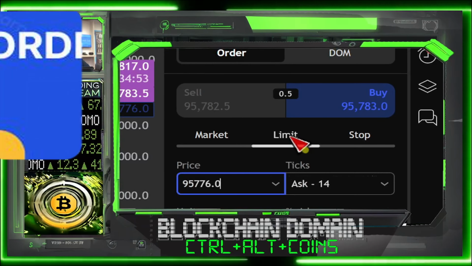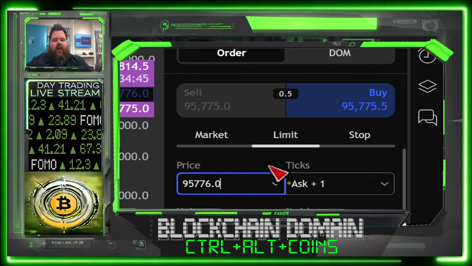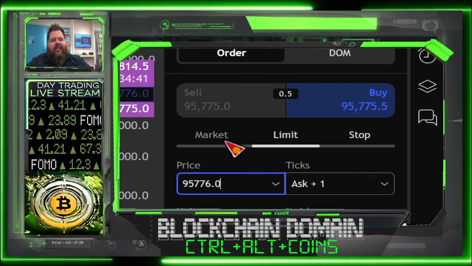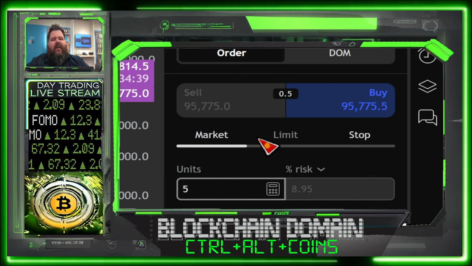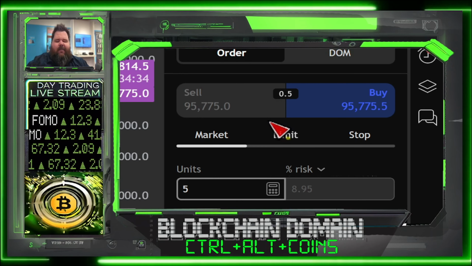With a limit order, I tell the market what price I'm willing to buy or sell at, and I let my exchange do that work for me. It's super simple, but I would suggest only doing market buys or sells for your first couple of trades. Get a feel for it.